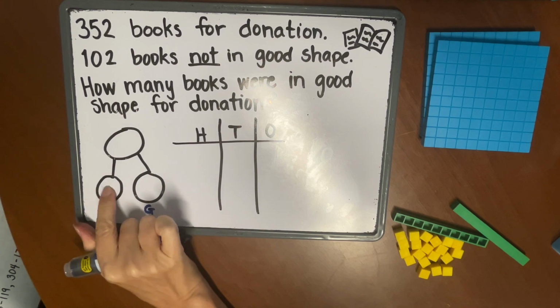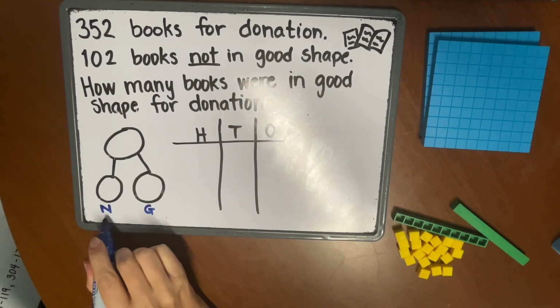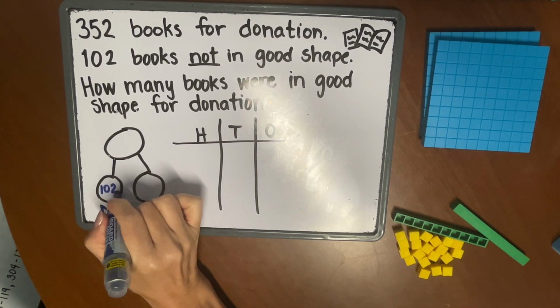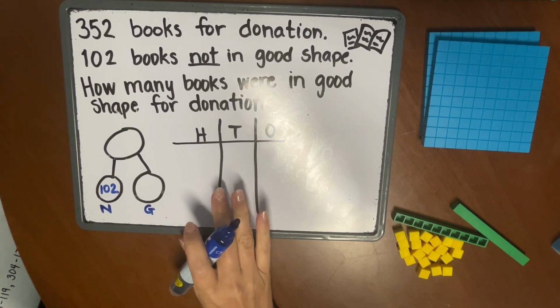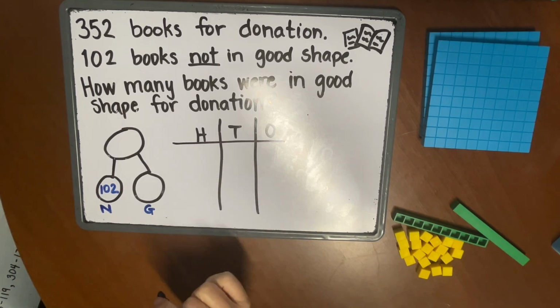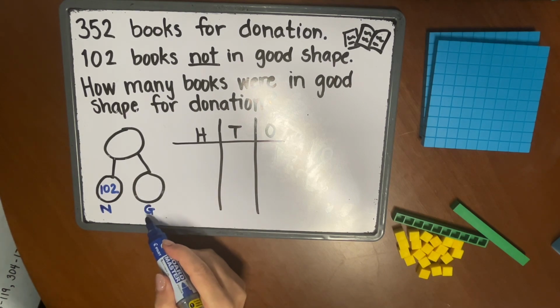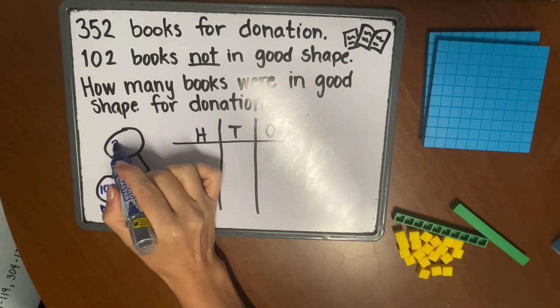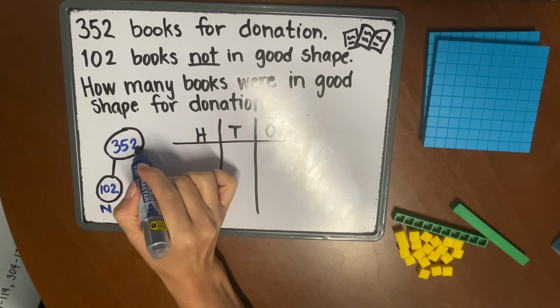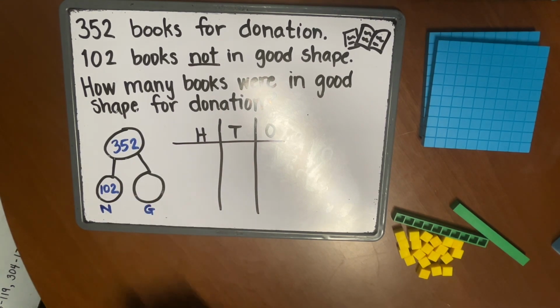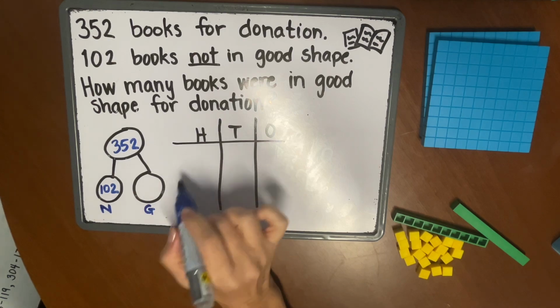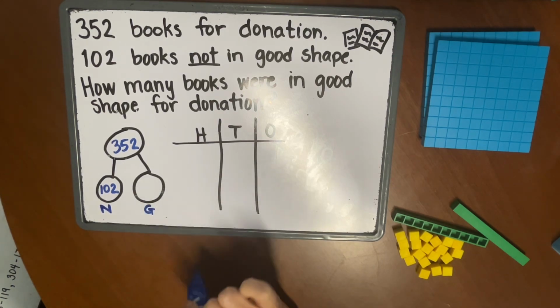Okay, well, I know that not in good shape, the N for not, was 102 books, and when I solved it, I got how many were in good shape, G for good, and I know that the total was 352. So this is what I was figuring out today, and I can draw my discs on my hundreds, tens, and ones to check it.